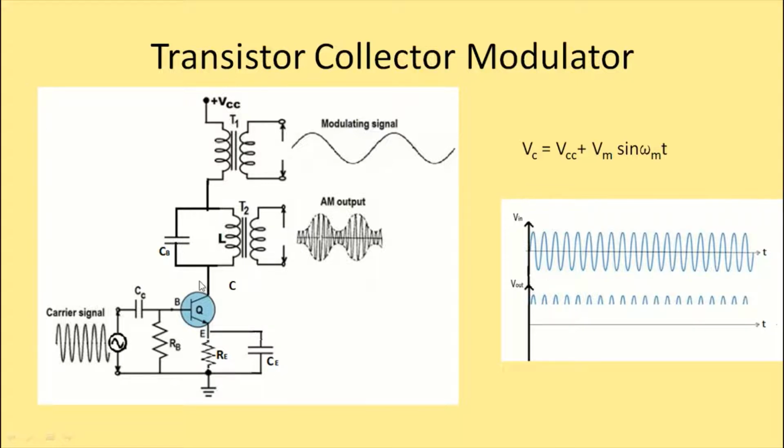For this VCC voltage at the collector end, the transistor is biased at a particular level, and because of that biasing, the spurts are generated at one particular amplitude. So this is the beginning of the AM wave, where you can see that the signal is at a constant amplitude.